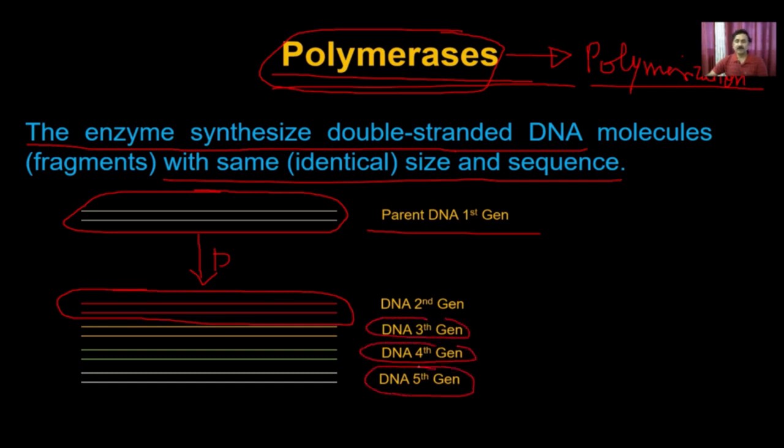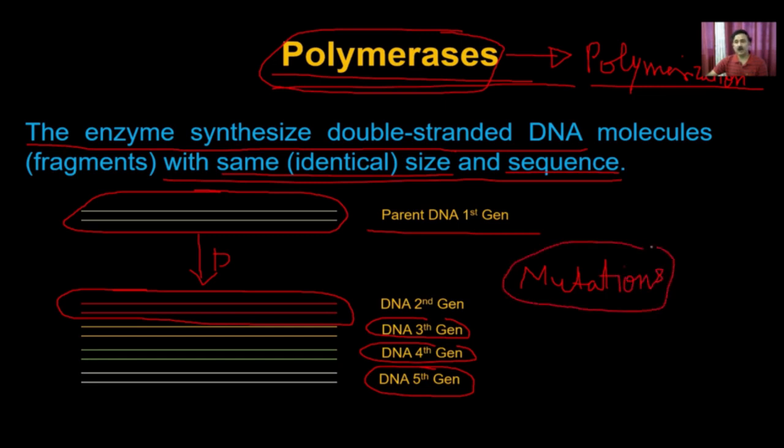So what is more important? That's why it is important that the polymerases should be able to synthesize DNA which is identical in size as well as sequence. Because if there is any change in the size or the sequence, it is going to generate mutations, or there could be a degradation of the DNA.